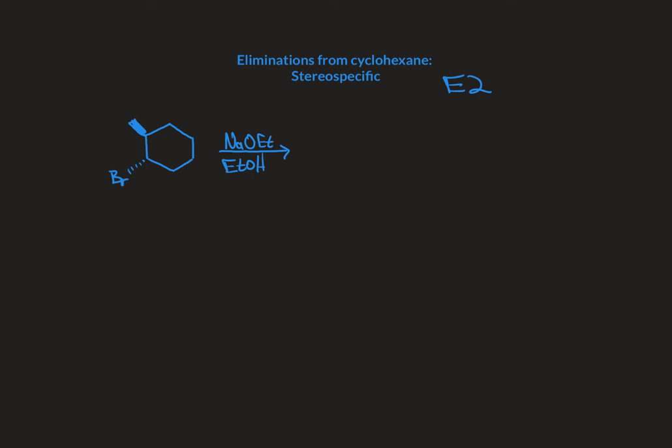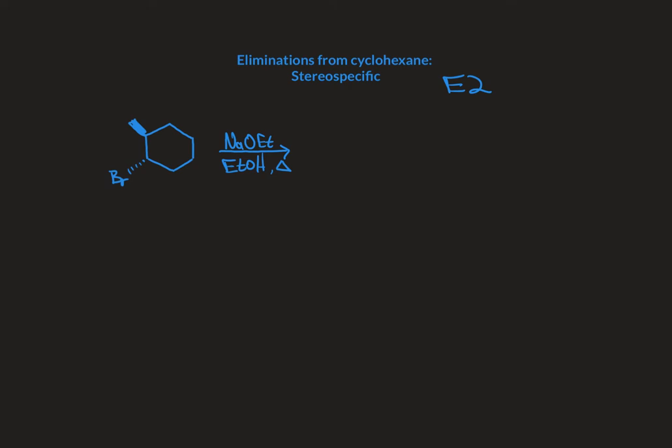Maybe under these conditions, I could do some substitution with a non-bulky alkyl halide, but certainly if I heated this up, I would expect to favor elimination, or if I had switched this out for something like tert-butoxide to be a very bulky base, that would be an E2 reaction and only an E2 reaction. And E2 reactions are stereospecific. So let's look at this.